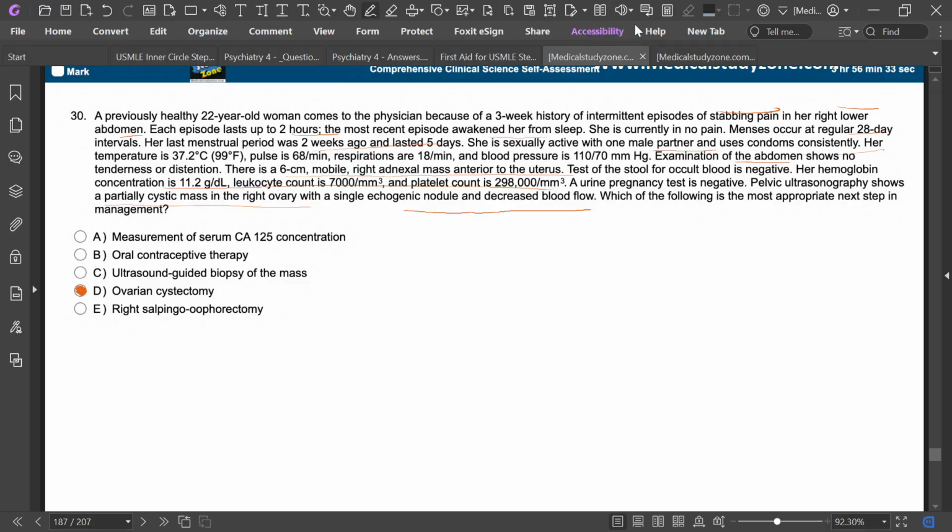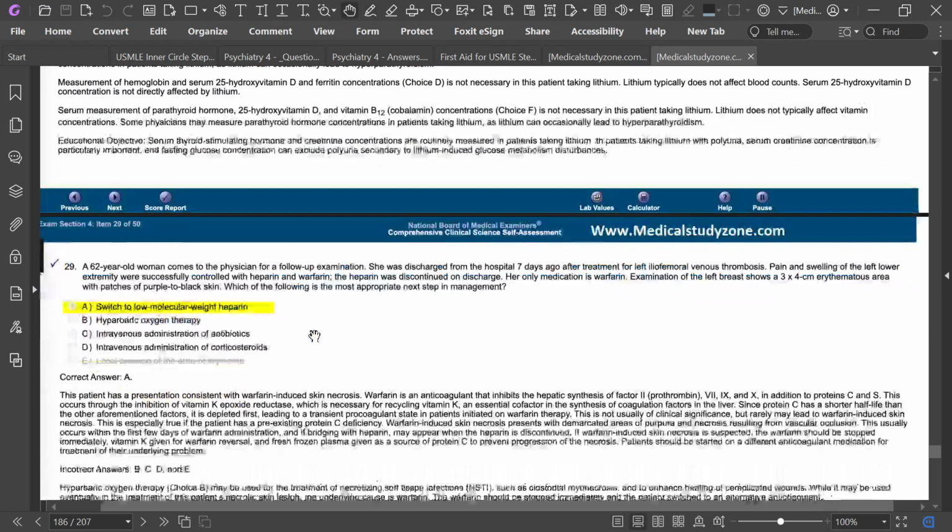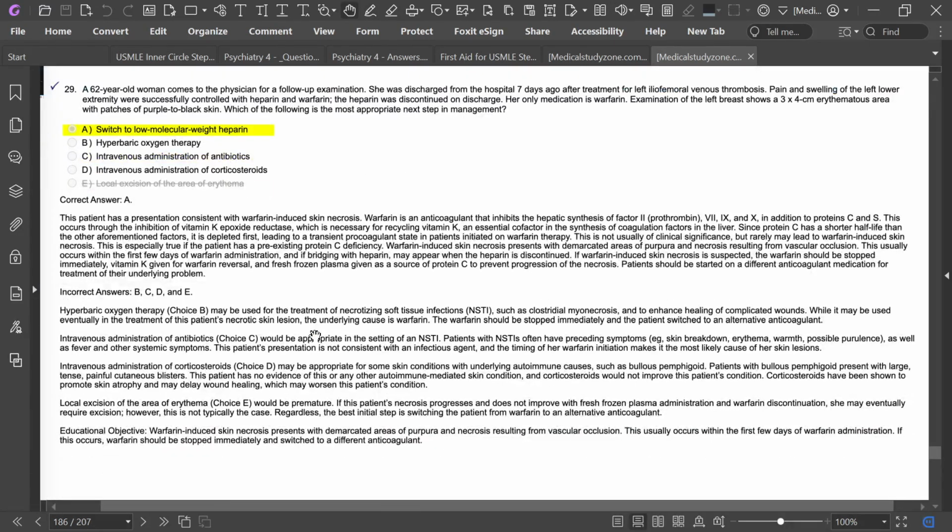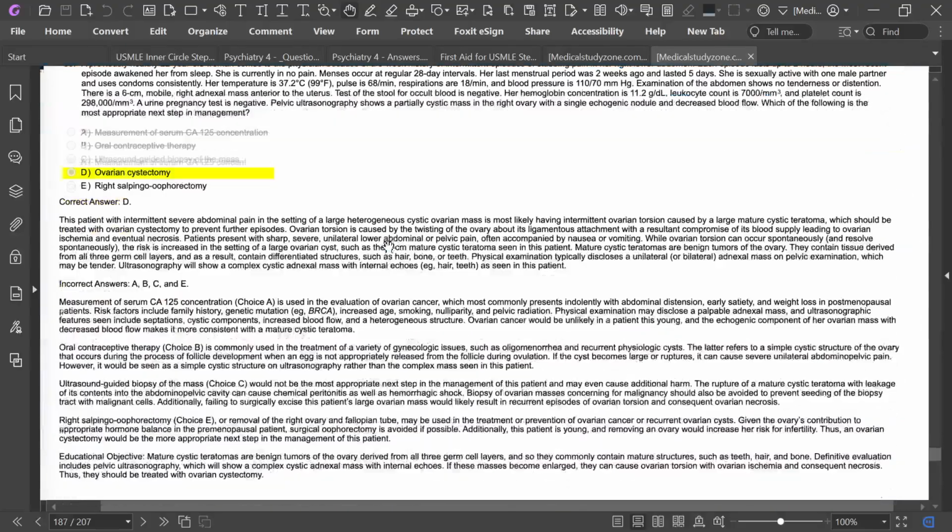Okay, I'm reading the explanation. So it's ovarian cystectomy. This patient with intermittent severe abdominal pain in the setting of a large heterogeneous cystic ovarian mass is most likely having intermittent ovarian torsion caused by a large mature cystic teratoma, which should be treated with ovarian cystectomy to prevent further episodes.